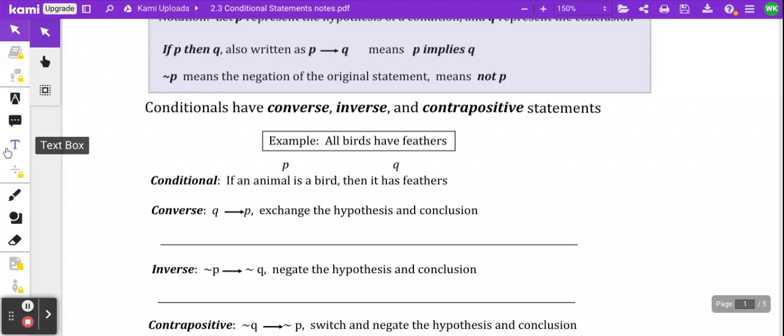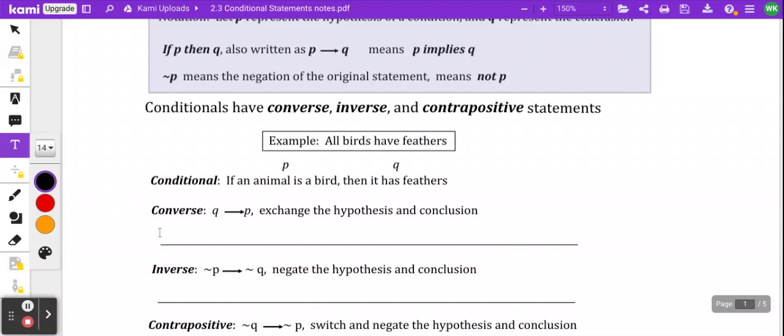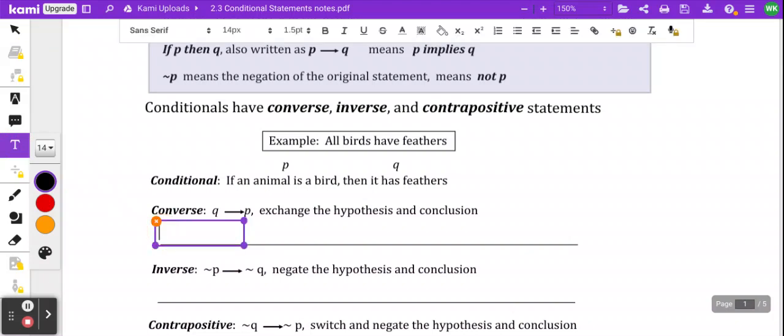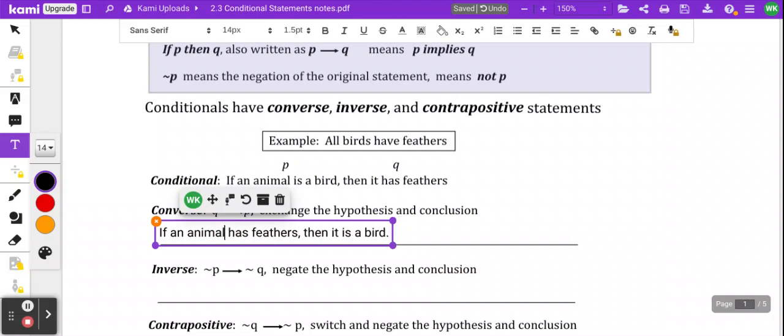So the converse of this statement is, if an animal has feathers, then it is a bird. Again, for the converse, we switch if and then. It should be animal, not animals. If an animal, okay.